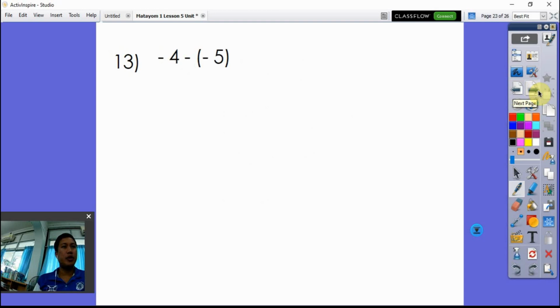Okay, so number 13. Now we write the first number, -4, change the minus sign into plus, change the negative into positive number. Okay, maybe we'll try method number 3, subtracting from the larger number. So the larger number here, if you see 4 and 5, you have 5.